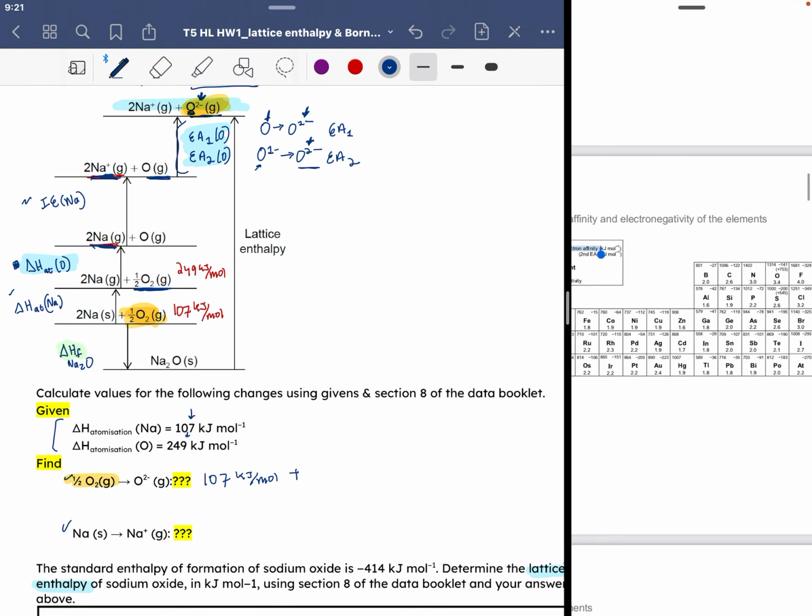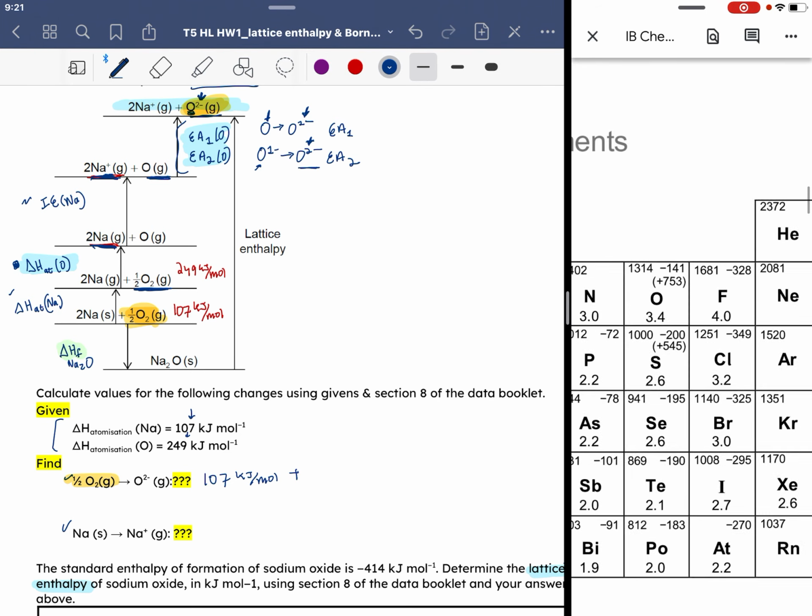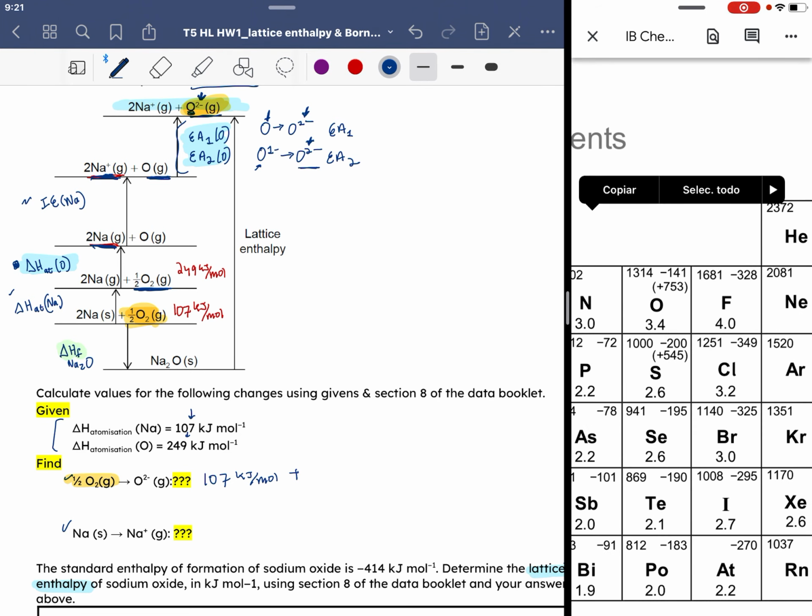My first and second electron affinities for oxygen are, pay attention to signs, please, -141 kilojoules per mole plus 753 kilojoules per mole.